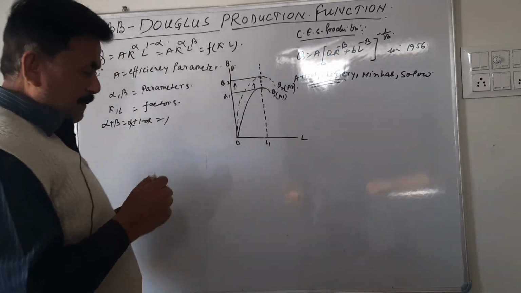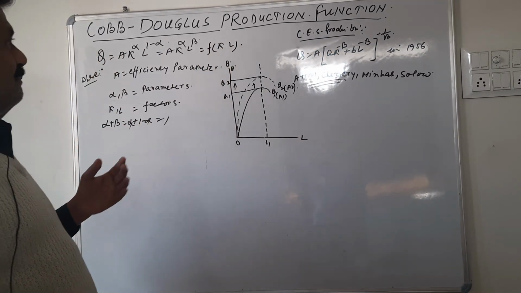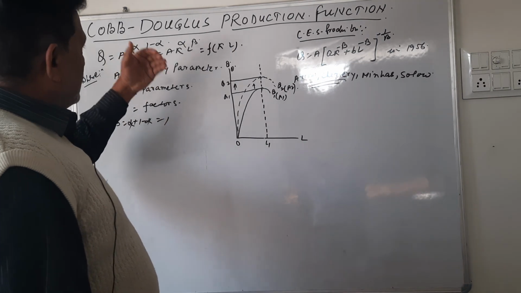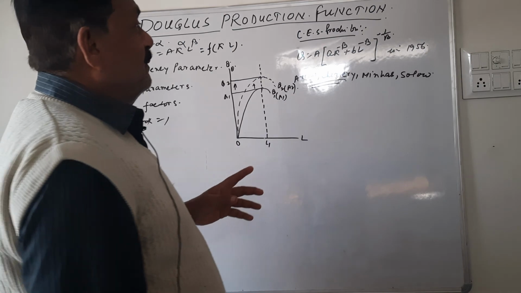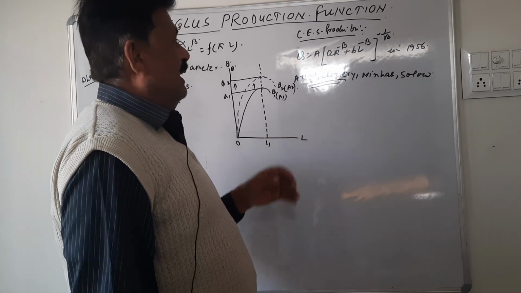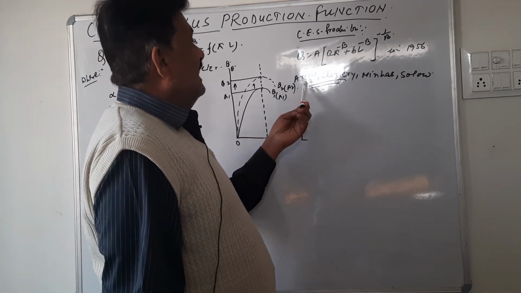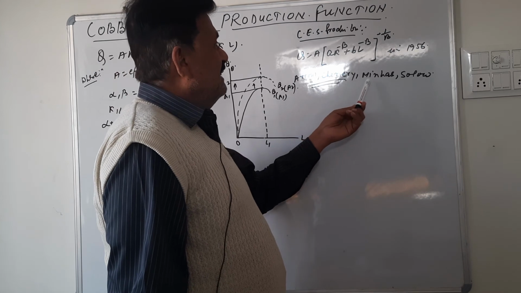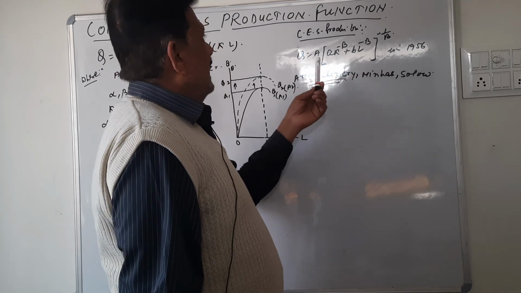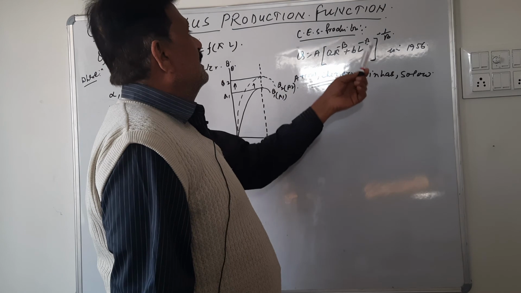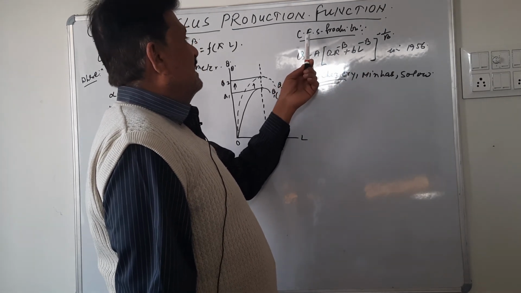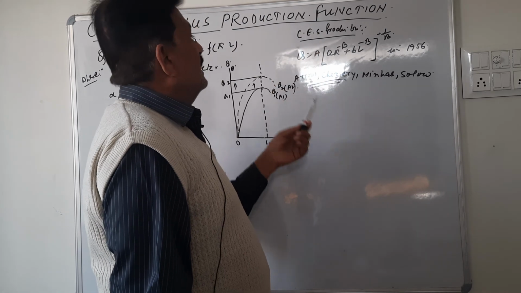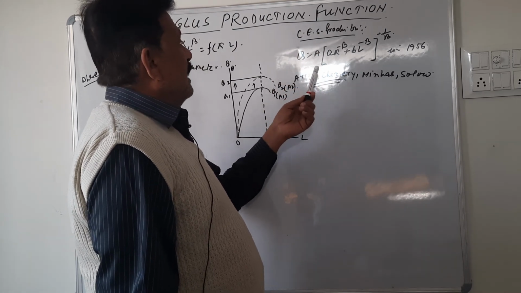Before I start to investigate its properties, let me explain that after this production function, another production function was given in economics by 4 economists, Arrow, Chenery, Minhas and Solow, and this production function is known as the CES production function, constant elasticity of substitution production function.